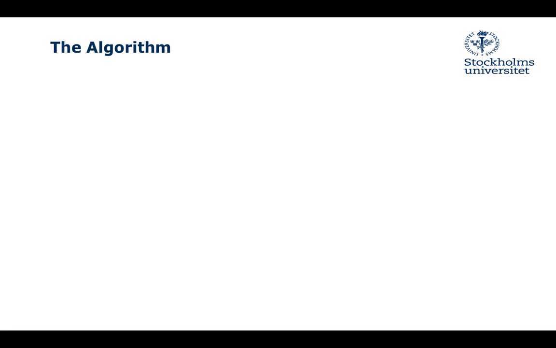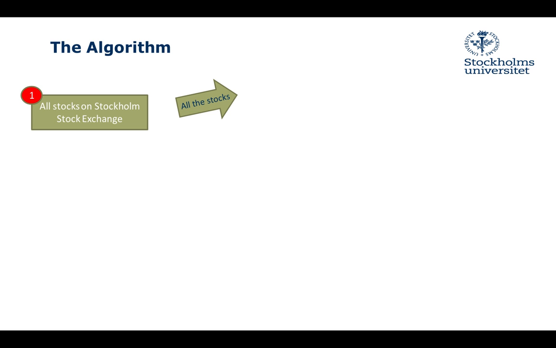So the algorithm. We would like to take all stocks on Stockholm Stock Exchange. We're going to use 250, but you can just download more and you'll have more. Then you pass all these stocks to another logical block, where you will be applying the moving average rule and selecting the stocks which have a buy signal.